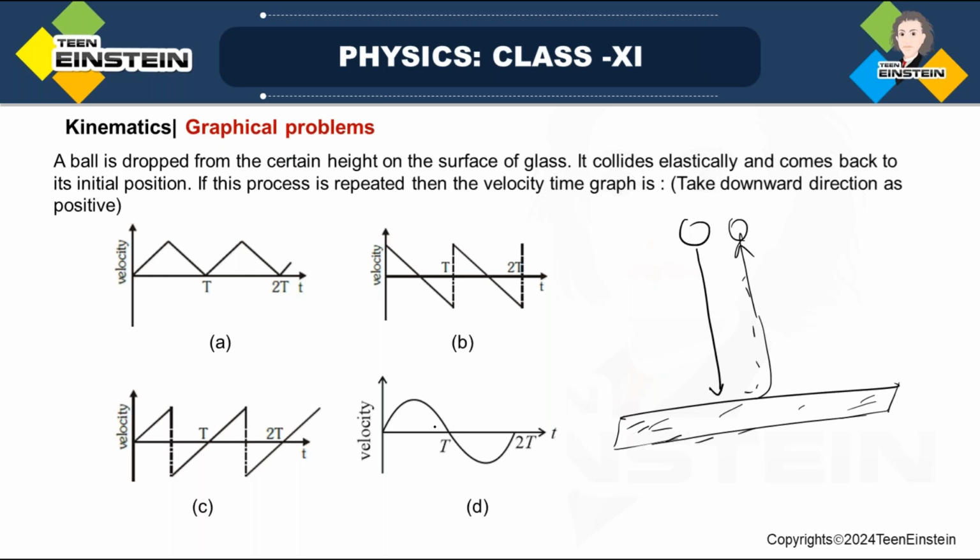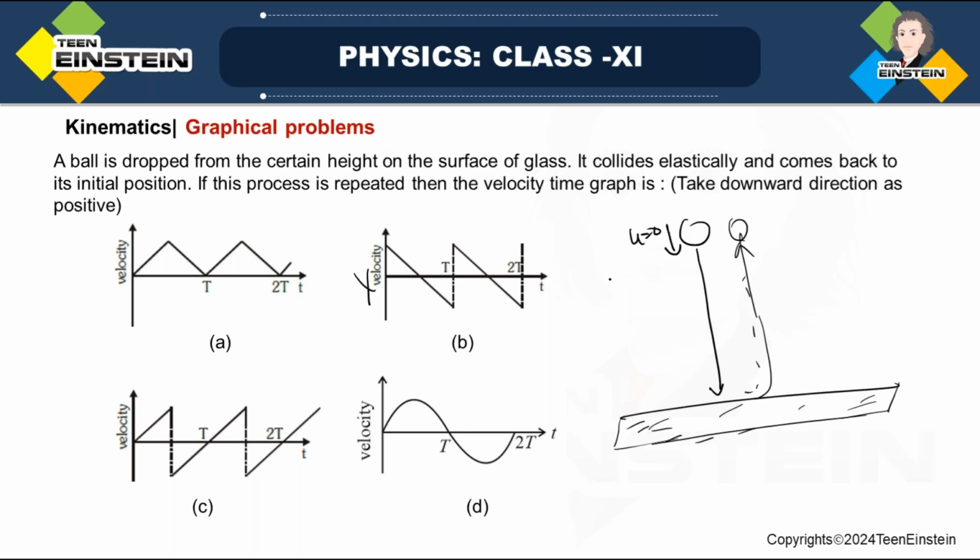Now when the ball is dropped from here, initial velocity was 0. Drop means initially velocity was 0. Now this graph is not showing that initial velocity is 0, so option B is rejected.